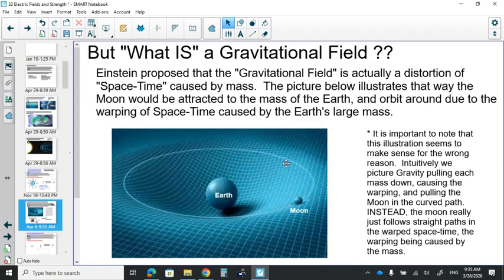So if you think of walking in a straight line on Earth, you're not actually walking a straight line, because if you walked forever, you'd walk all the way around, right, in a circle. So that straight line on the curved surface is called a geodesic. So that's what objects do in space-time. They move through straight lines in space-time. But if space-time's curved, then technically they're traveling in a curve relative to other things, right?